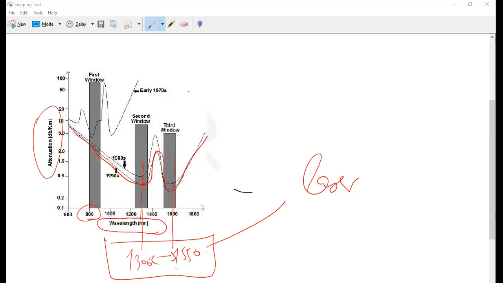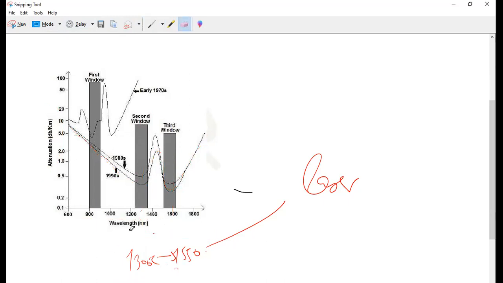All right, so I was saying that diagram is very important in understanding optical fibers. I should have introduced it earlier, but I made an assumption from my videos, which is not the case.